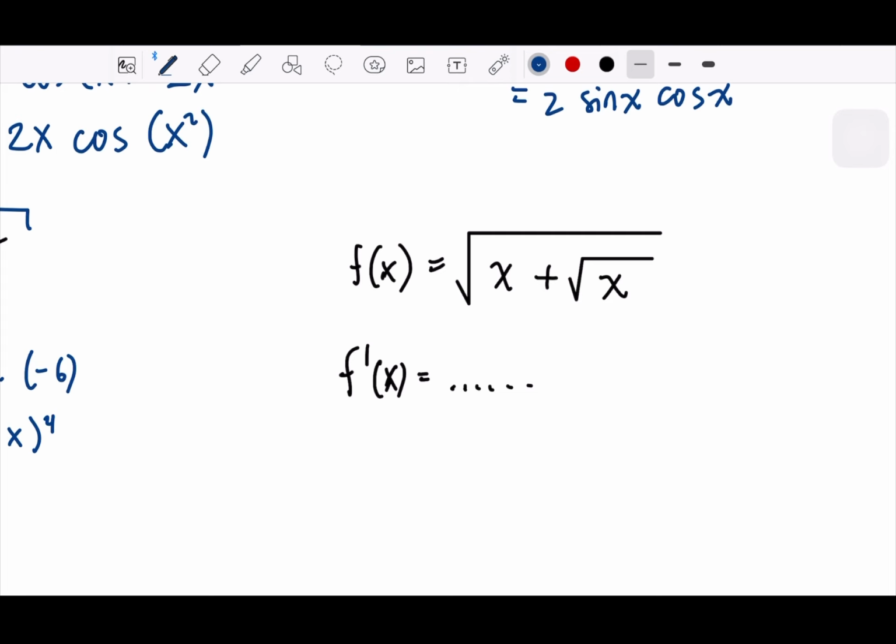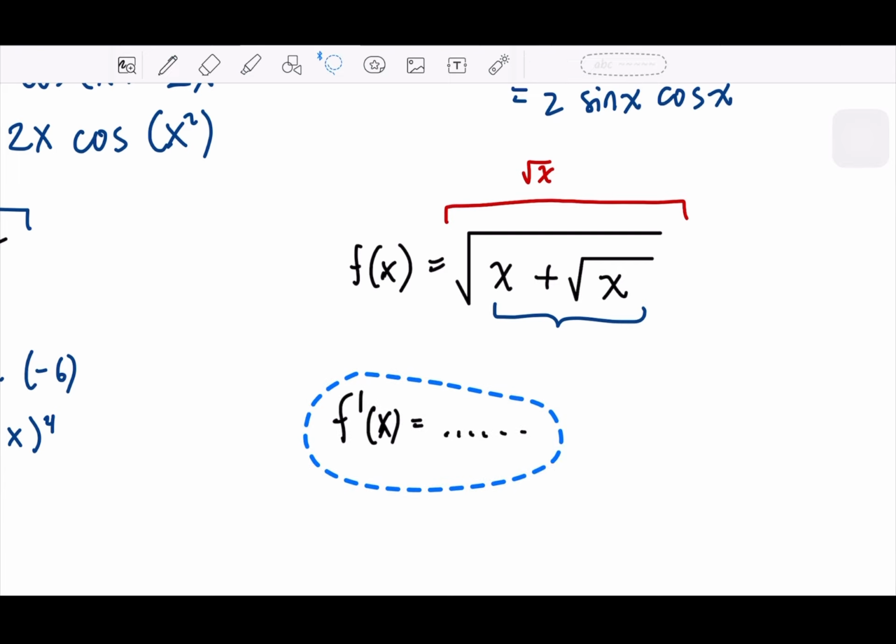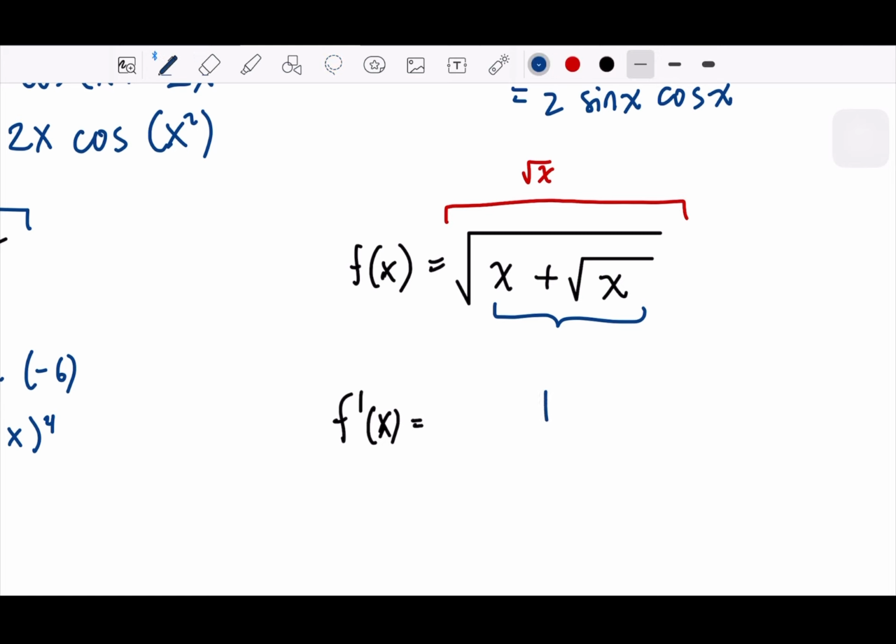So we can say the outside function is square root of x, right? And the inside function is this, which has another square root of x. So we can start from, maybe let's take down here. Start from taking the derivative of the square root of x as 1 over 2 square root of x plus square root of x.